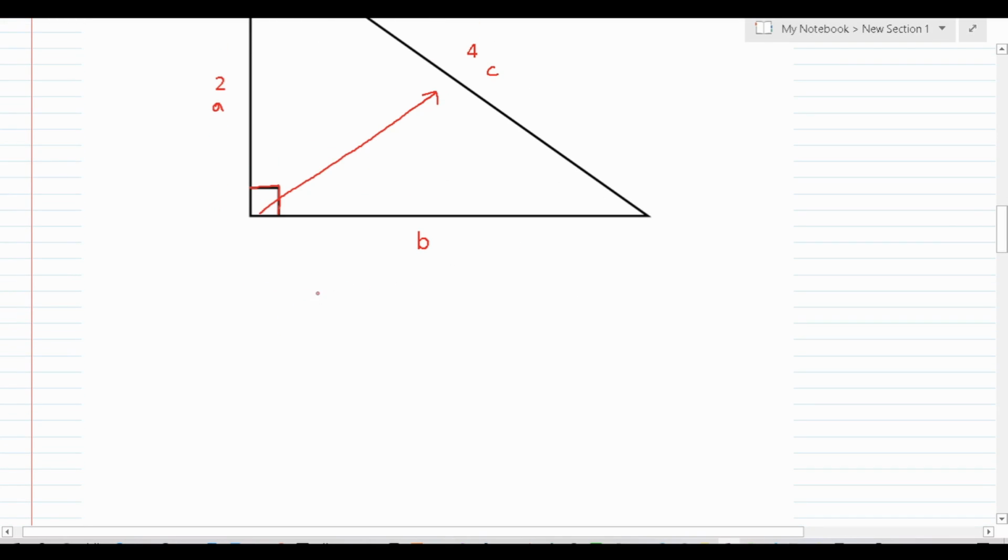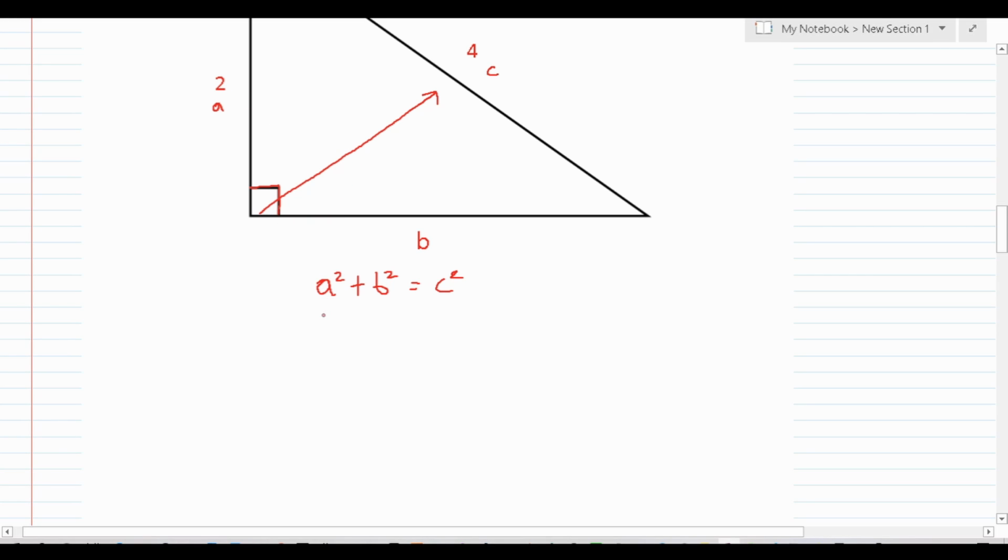This is a good idea to do as you work on these problems. Again, the Pythagorean theorem says a squared plus b squared equals c squared, where a and b refer to the legs of the right triangle, and c refers to the hypotenuse of a right triangle. And now we just plug things in accordingly.